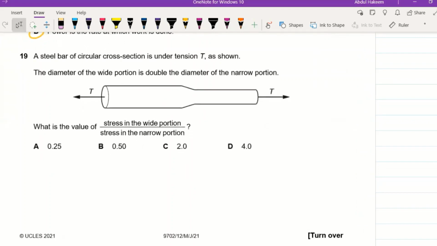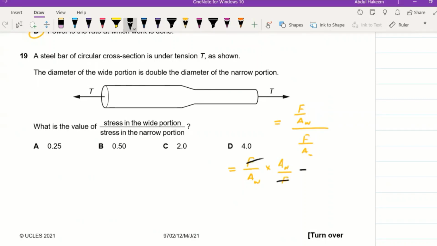Look, stress is equal to force divided by area. So we can write F divided by the area of the wide portion, over F divided by the area of the narrow portion. So it can be written as F divided by A of wide, multiplied by the area of narrow divided by F. So the F is cancelled. Now the area is equal to pi by 4 diameter squared.